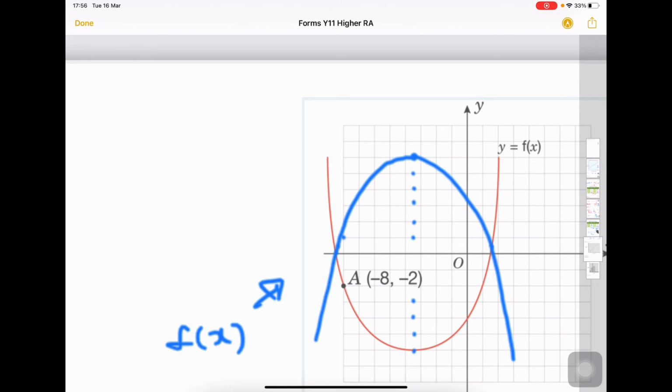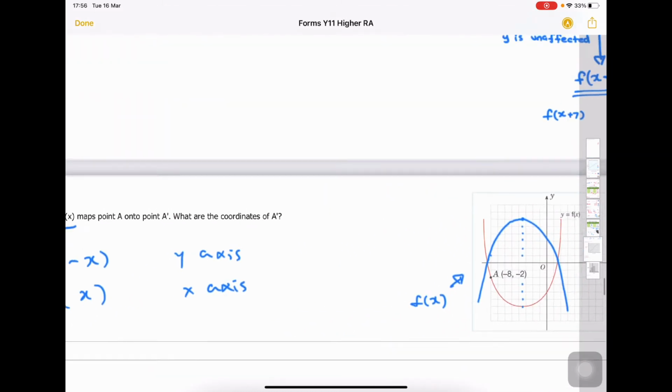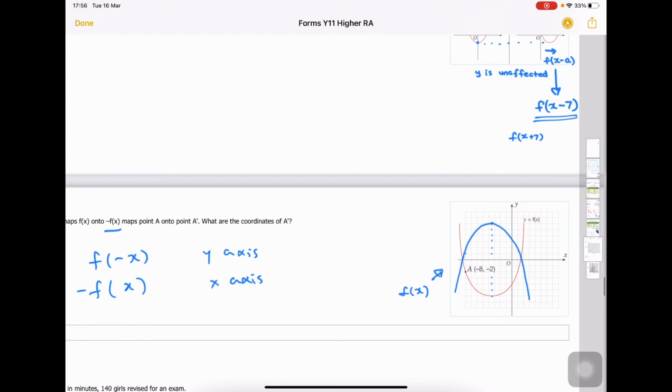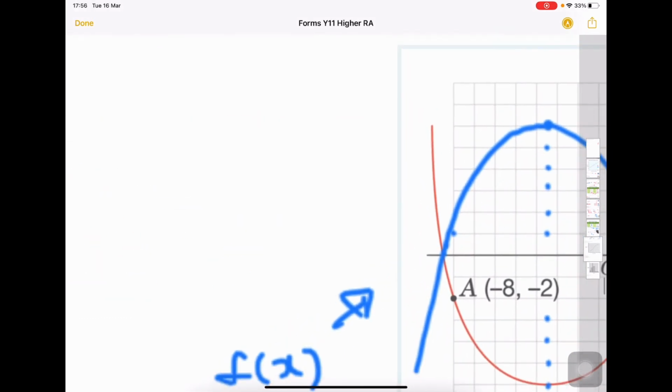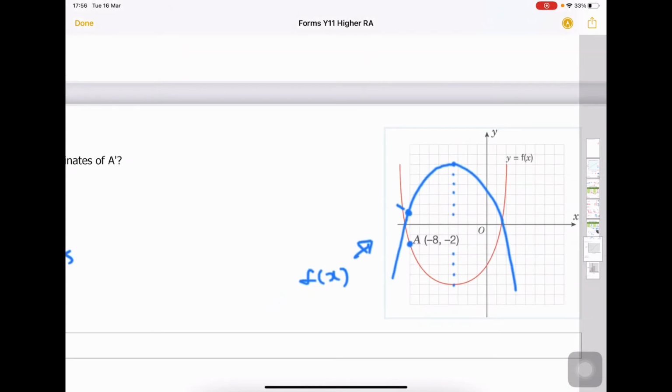So this transformation maps point A to point A dash. So here we have A, the reflection would be here. So this would be A dash. As you can see, the x value is not changing, but the y value is being reflected, and so it would go from -2 to +2.